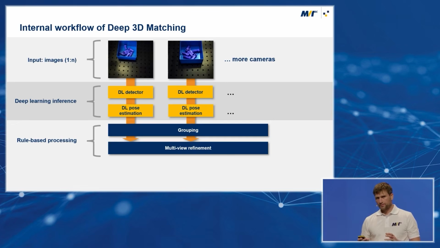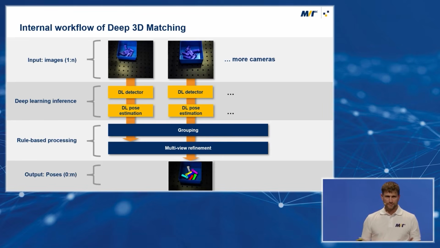We look which object in camera 1 is also seen in camera 2, maybe in camera 3, and we will bring them together. And finally, we look locally in the images. We do some refinement to look for features like texture or also edges to make it even more accurate. And finally, as a result, we get poses. If there is no object that we can detect, 0, or 1, or as many as we can detect that are in the image.